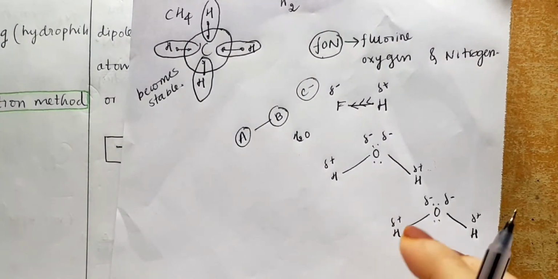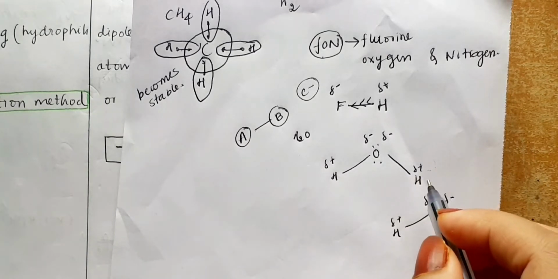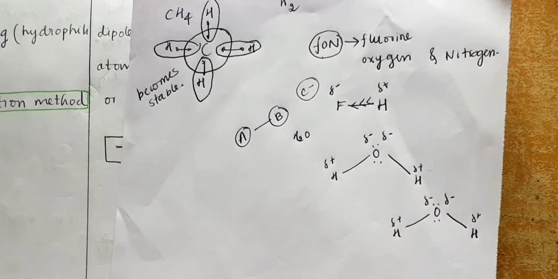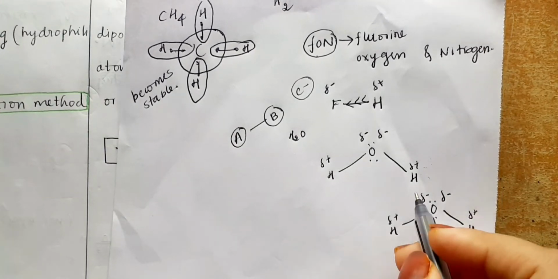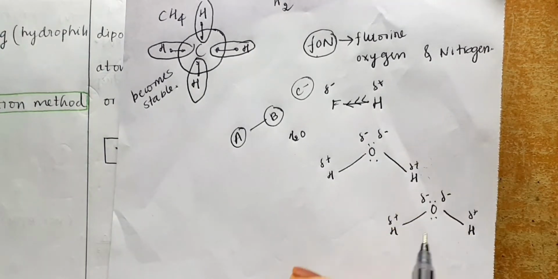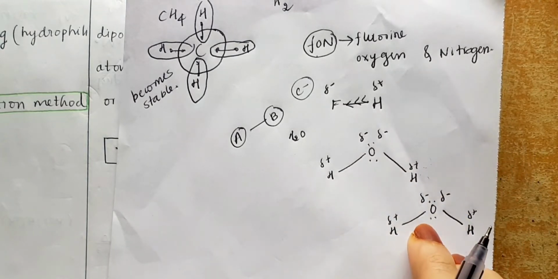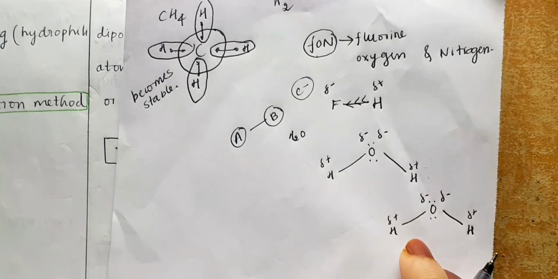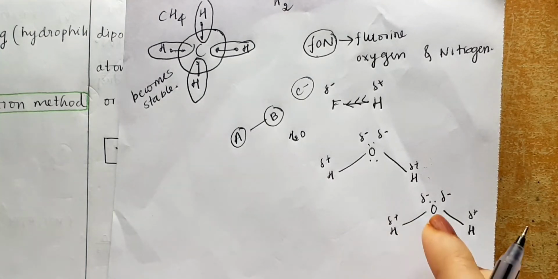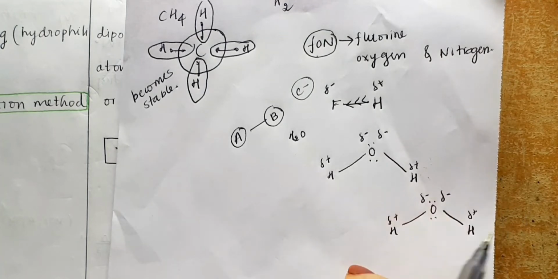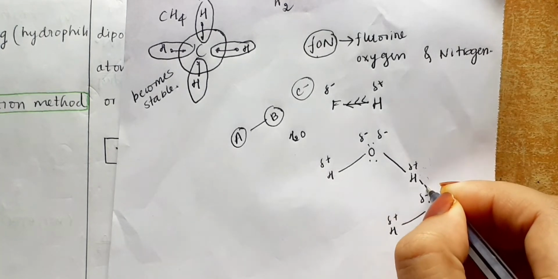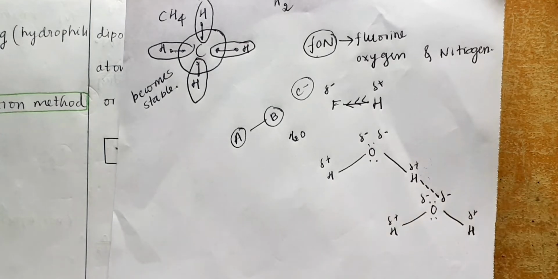Here, if we see, any of the hydrogen atoms that are not stable immediately form a bond in order to become stable. Hydrogen is less stable and electron deficient because it has less charge. Moving to oxygen, it has a partially negative charge, which means it has more electrons, whereas hydrogen has fewer electrons. So this hydrogen starts to form a bond with the oxygen.